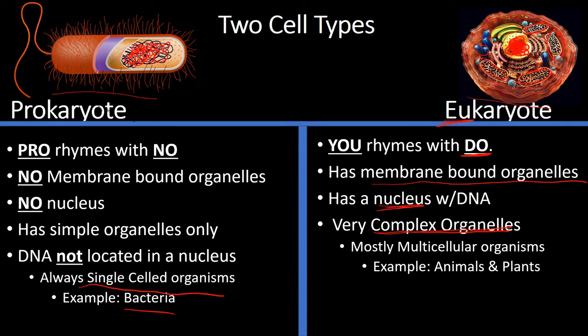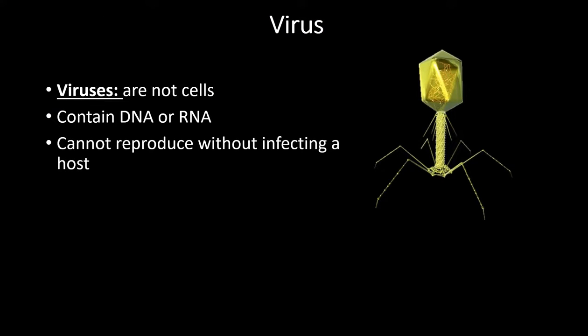But now let's go into that third category that I mentioned, viruses, and why viruses don't fall under a cell type. First, viruses are not a cell. They do contain DNA or RNA. If I look at this image of a virus, at this top portion, I would see these coils.